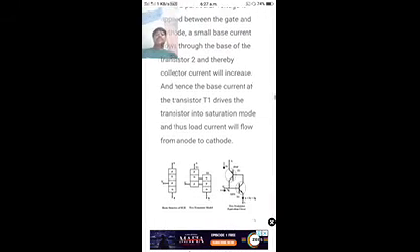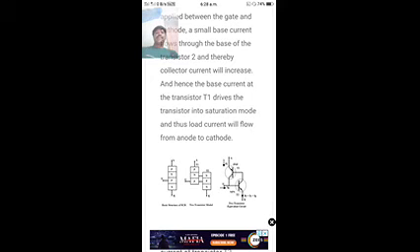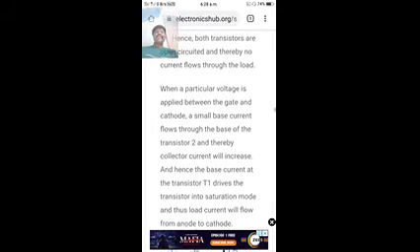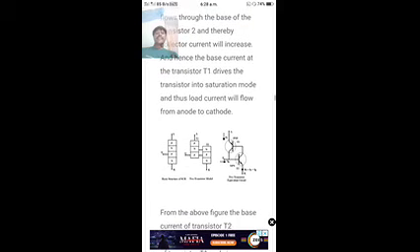The base of one transistor is connected to the collector of the other transistor.